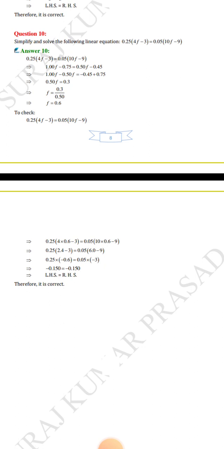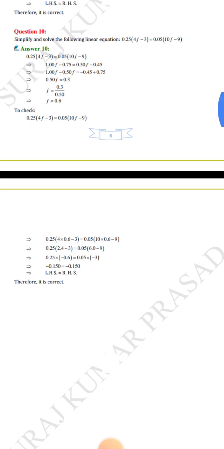Then we get 1.00f minus 0.50f equals minus 0.45 plus 0.75. Then we get 0.50f equals 0.3. Then f equals 0.3 by 0.50. Then we get f value 0.6.